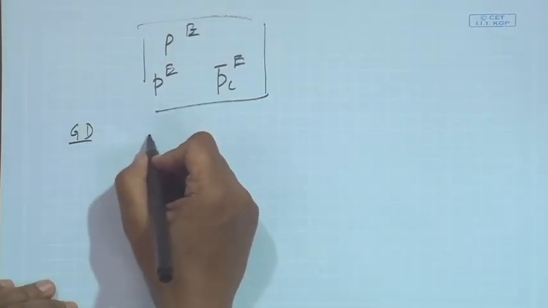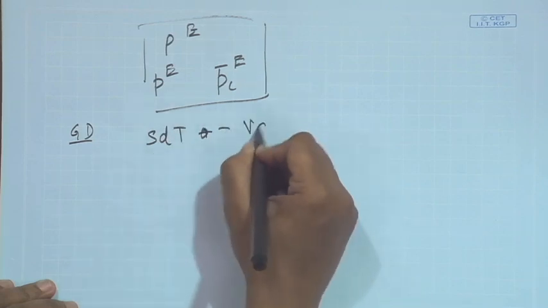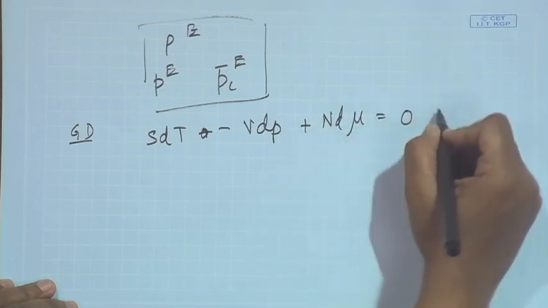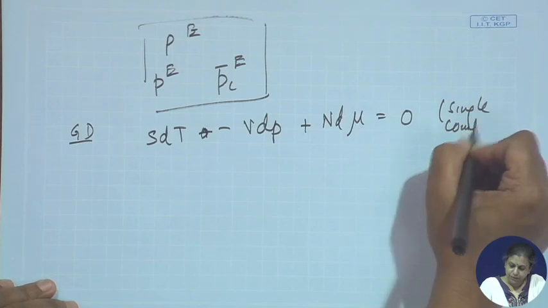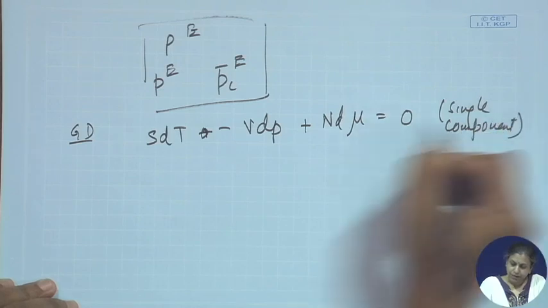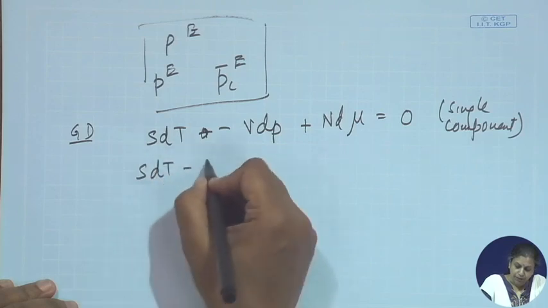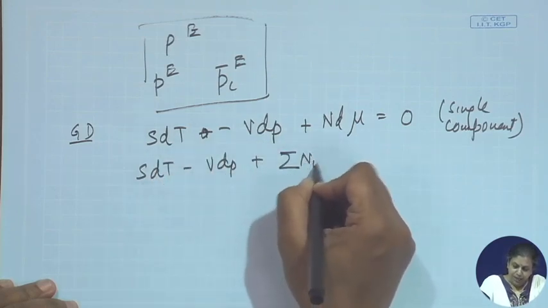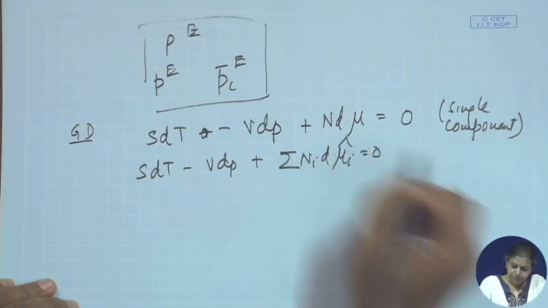Remember the basic equation: S dT minus V dP plus n d mu equals 0. This we had found out for a single component. Agreed? For multi-component, the same equation, but sigma should come up: S dT minus V dP plus sigma n_i d mu_i equals 0.